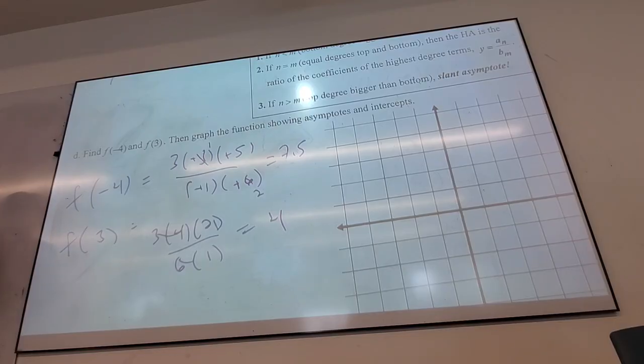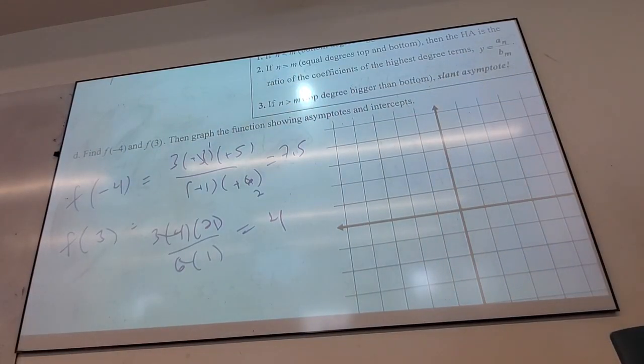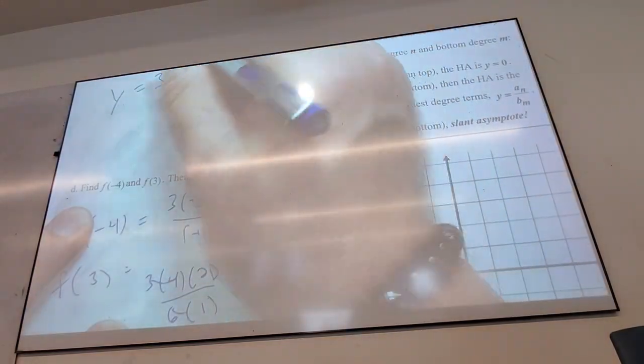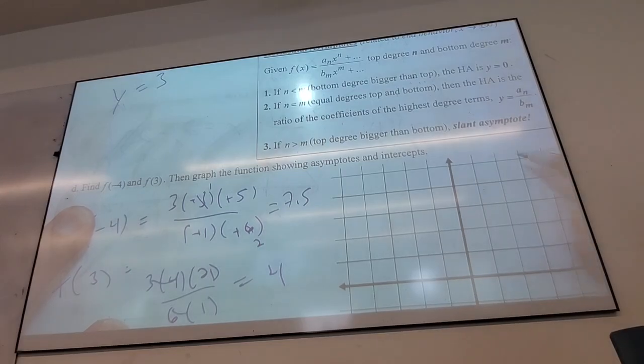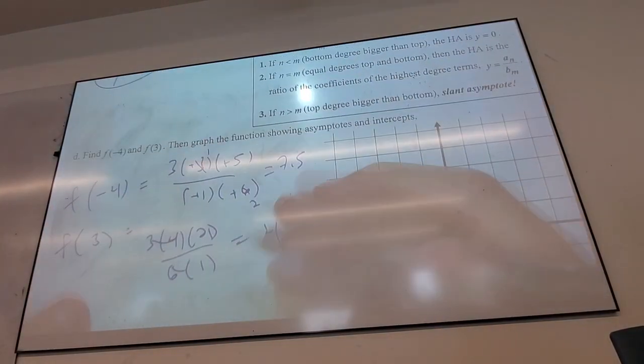So I will often give you inputs to do that will help you graph. So we'll see why those were good points to do. So what do we know? We know intercepts. We know asymptotes. We know these points.